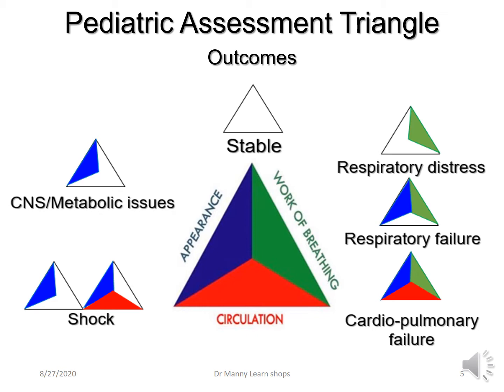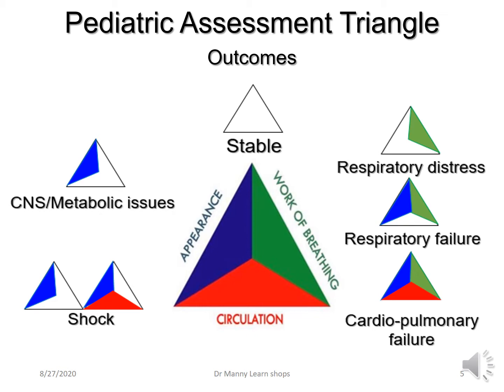Then you've got shock. Well, in shock, their appearance, pale, cold, clammy. They have impaired mentation. They may be subconsciously affected. They may be consciously affected. So they could be unconscious. They could be semi-conscious. Their circulation could be affected as well.